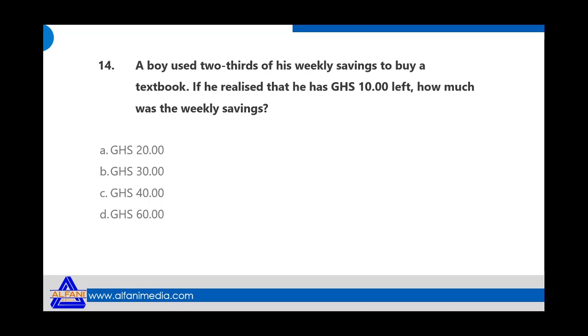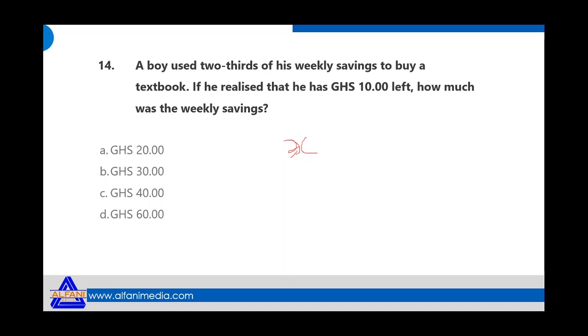All right, so I don't know his weekly savings, so I'll say his weekly savings is x. Since his weekly savings is x, all they are saying is that he used 2/3 of this weekly savings to buy a textbook, and then the balance now is 10.